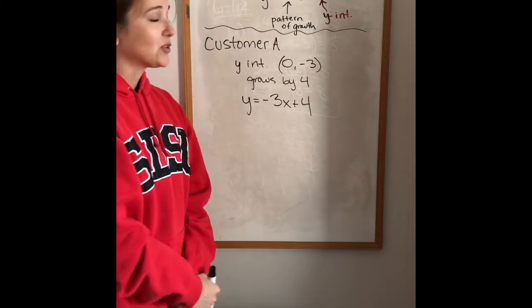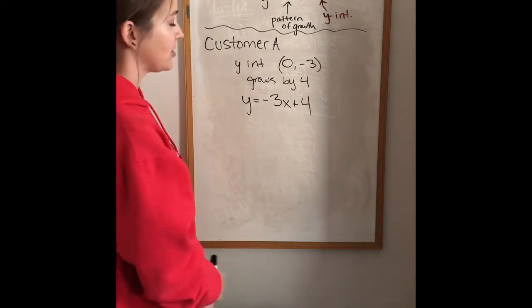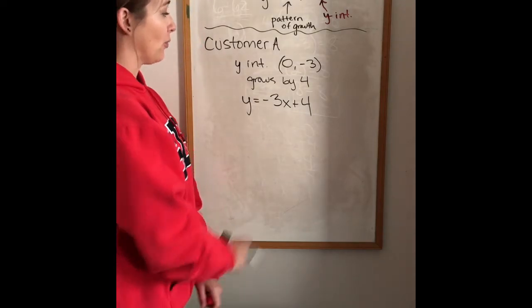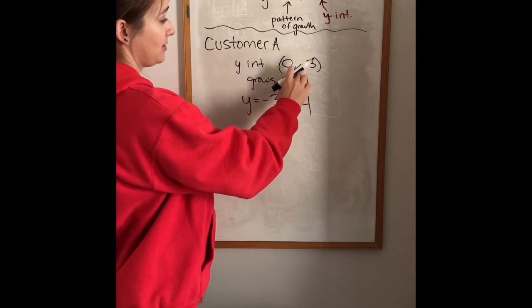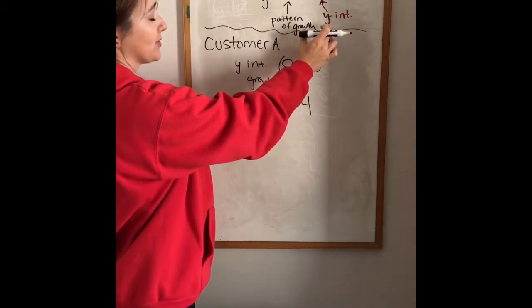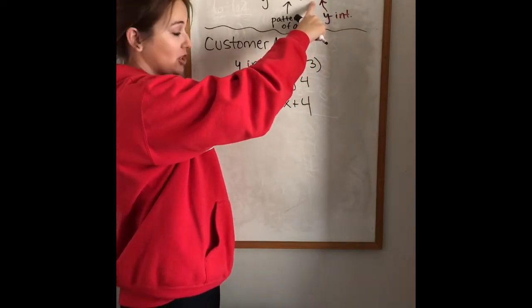Now we need to tell customer A if she is correct or incorrect in the line that she has requested to order. So what I'm looking at is her y-intercept is -3. And if we look up at our original y equals mx plus b, the y-intercept needs to be at the end of our equation.